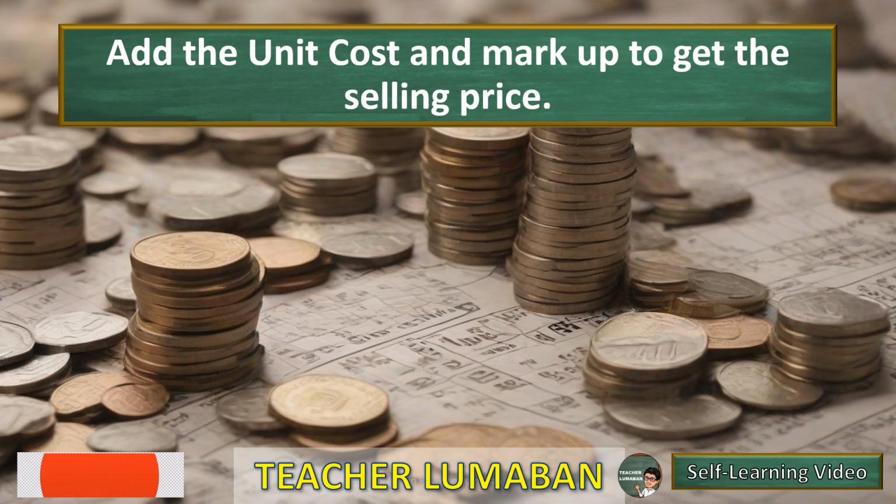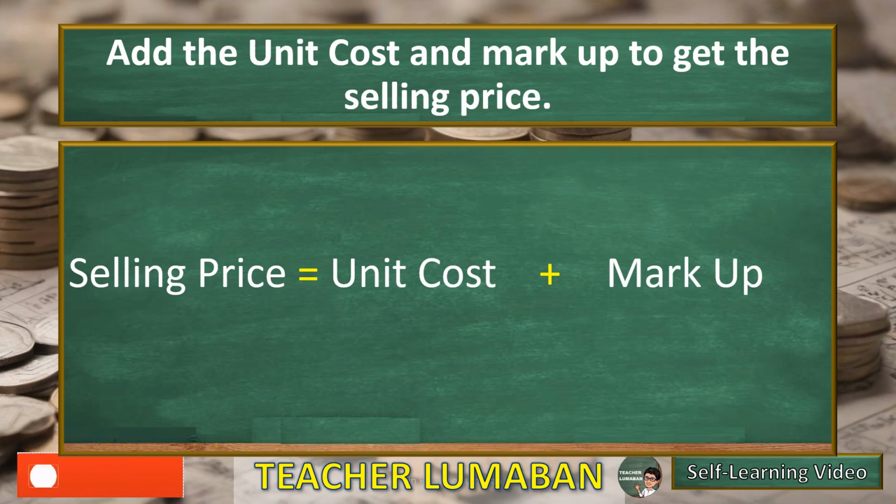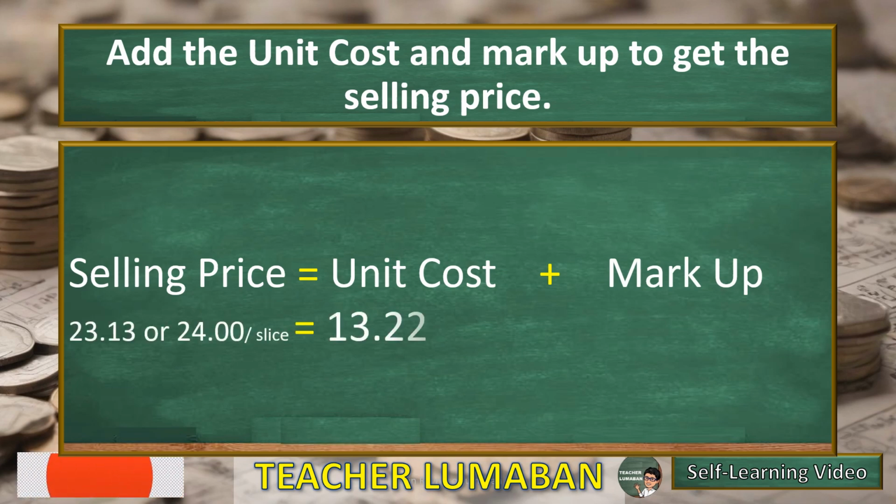Add the unit cost and markup to get the selling price. Selling price equals unit cost plus markup. 23.13 pesos, or 24.00 pesos per slice, equals 13.22 plus 9.91.